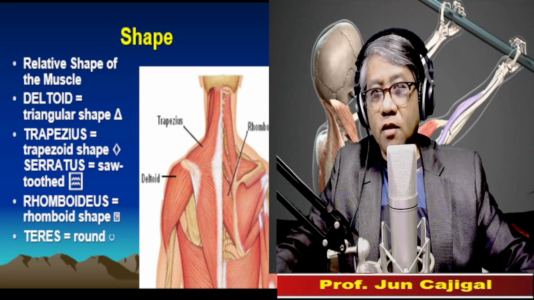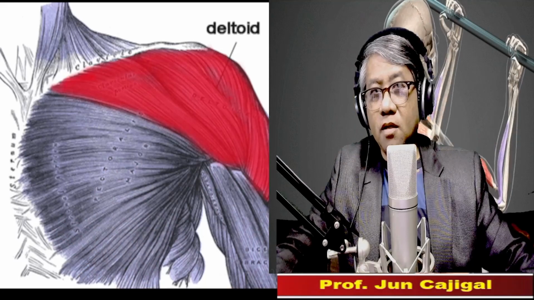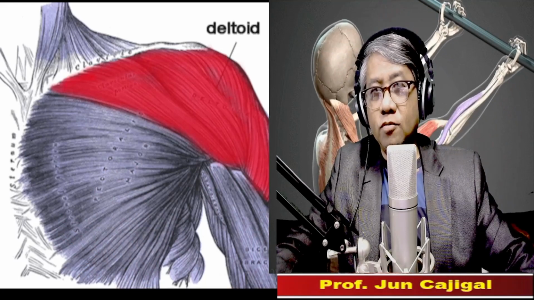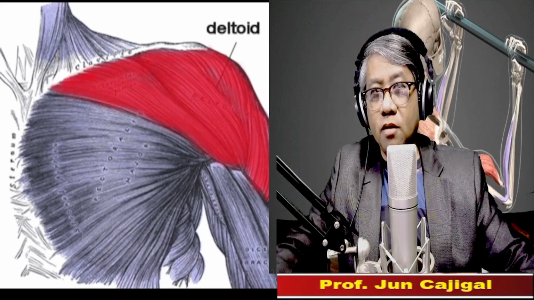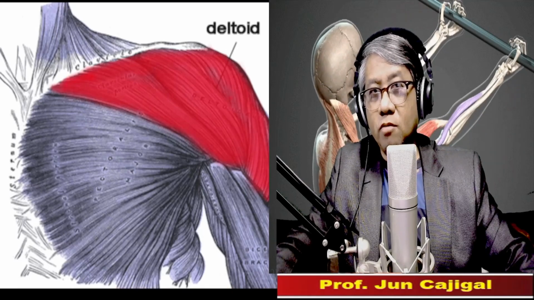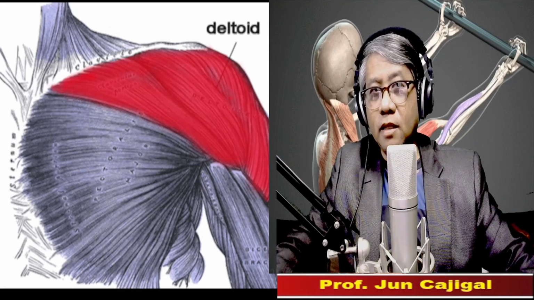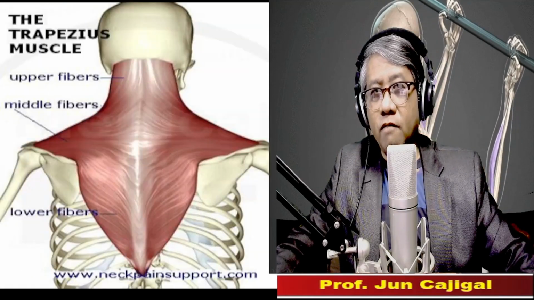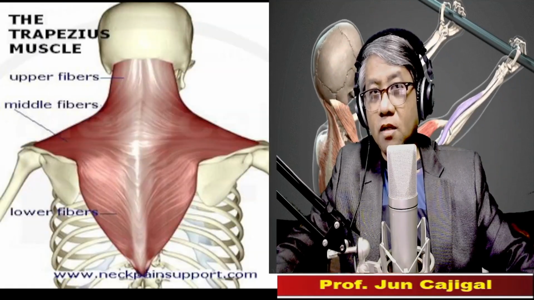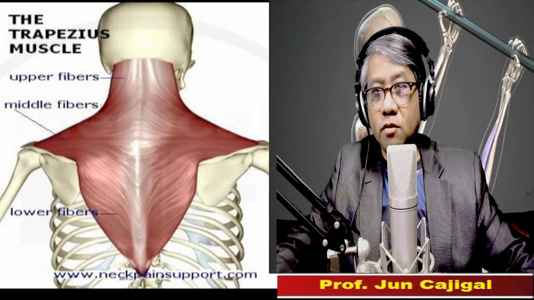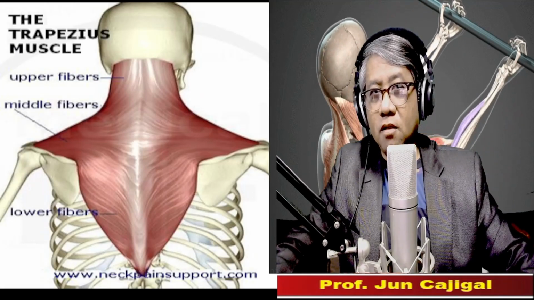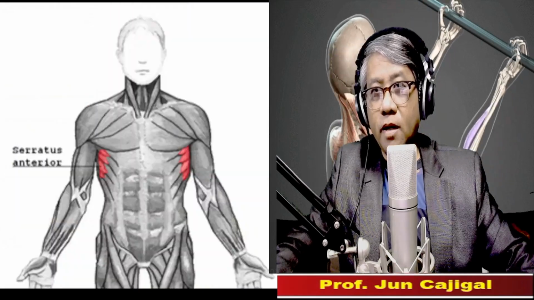So again, if the muscle is shaped like a triangle, we make use of the term deltoid, like that of the muscle in our shoulder. If the muscle is shaped like a trapezoid, we make use of the term trapezius, like the trapezius muscle in our back.